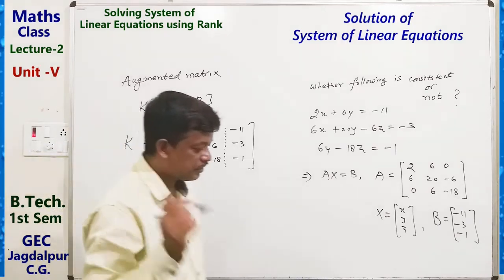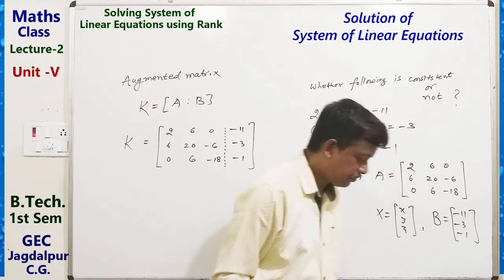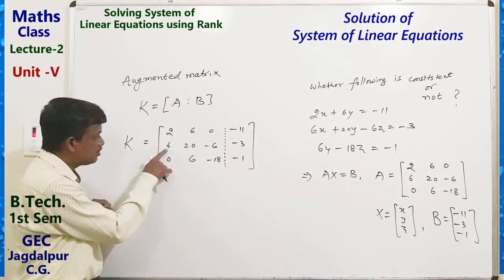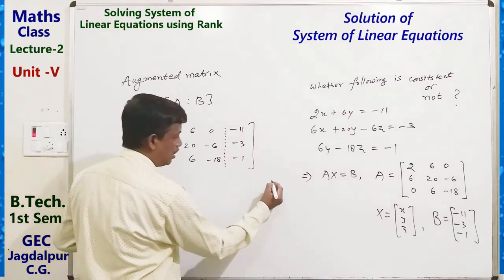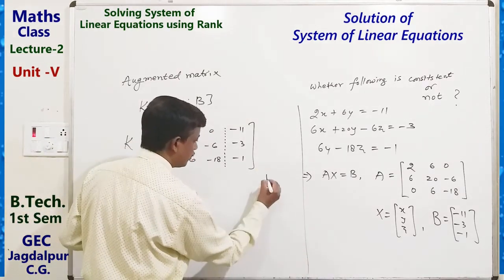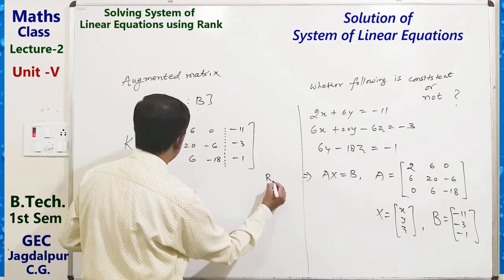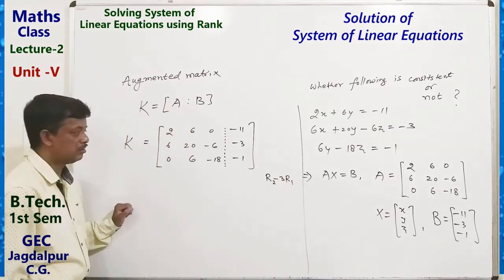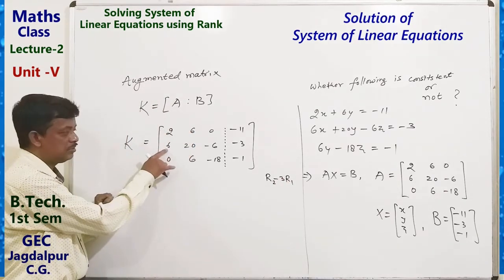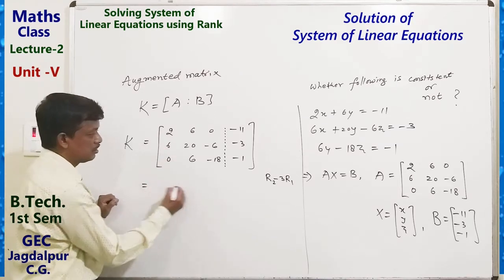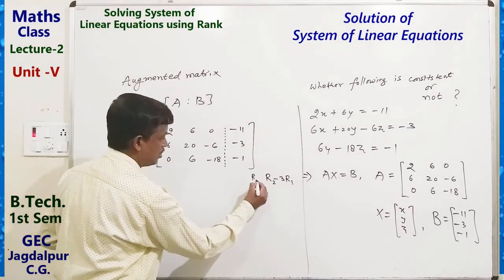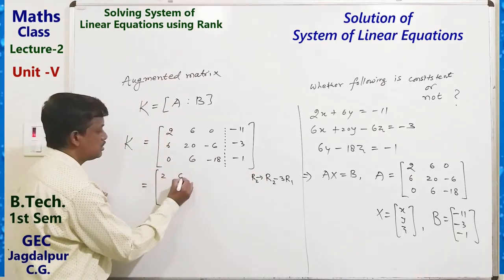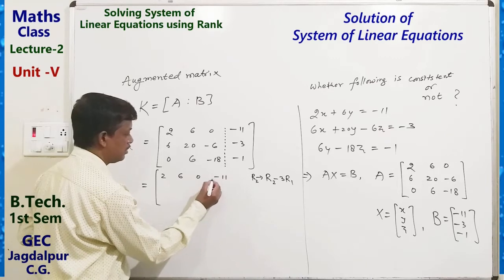So what do we apply here for making it 0? R2 goes to R2 minus 3R1: multiply by 3 and subtract from here. This is the operation. Applying it: 2, 6, 0, minus 11.